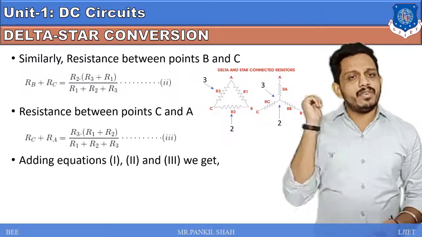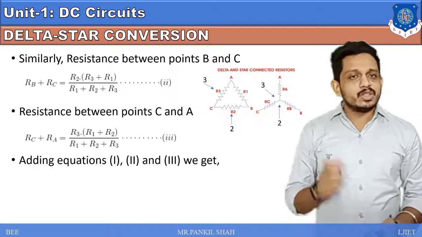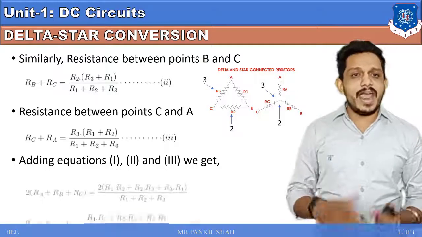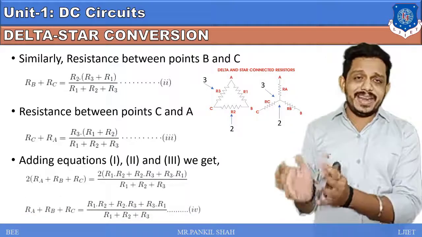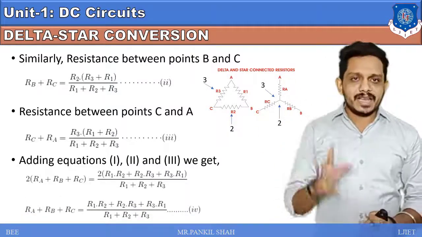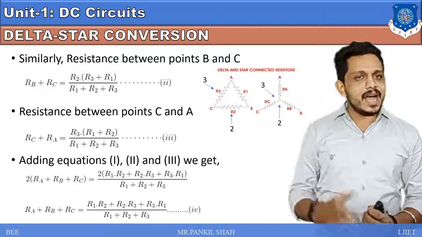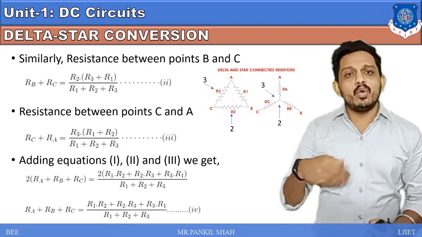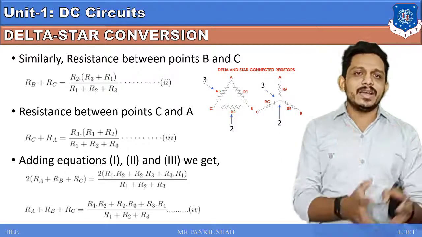For that we are doing some mathematical operations. First we are adding all three equations. On the LHS there is Ra plus Rb, Rb plus Rc and Rc plus Ra, so the LHS will be 2 times Ra plus Rb plus Rc.